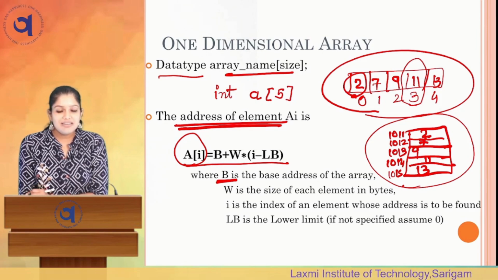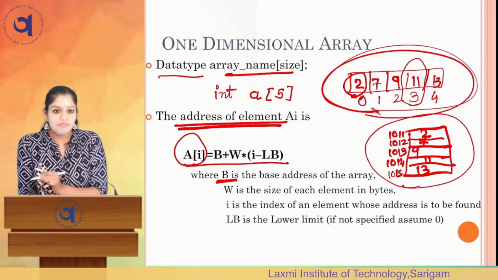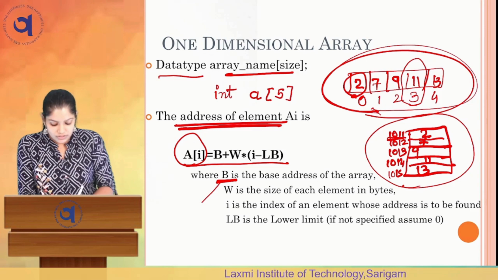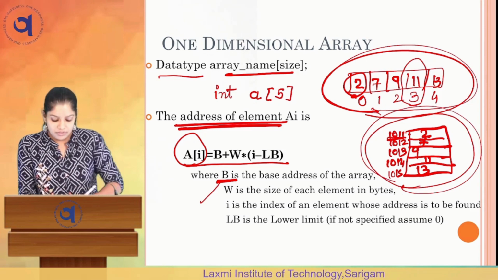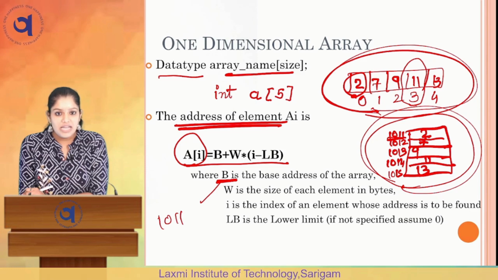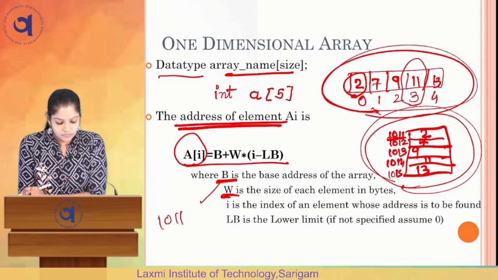Now, what is the base address? If this array is stored in memory, it is starting from this 1011. So, for this example, 1011 is the base address of the array. Now, W. What is W?